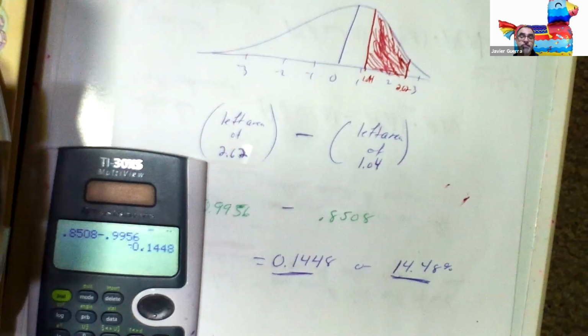So what do I do? Well, all you have to do is just take off the negative, because areas cannot be negative. An area always has to be positive. You're measuring an area of something, it's always positive. So in case that happens, just take off the negative and you're good.